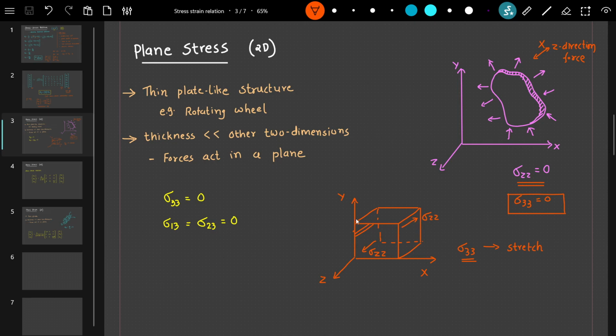And from this concept, we can understand that if this thickness is very negligible, there is no room that we can define two planes. In that case there is no stress that develops in the thickness direction. So from this continuum mechanics we can easily understand that sigma 33 is equal to 0 for thin plate like structures, because there is no room for resisting the force in thickness direction.